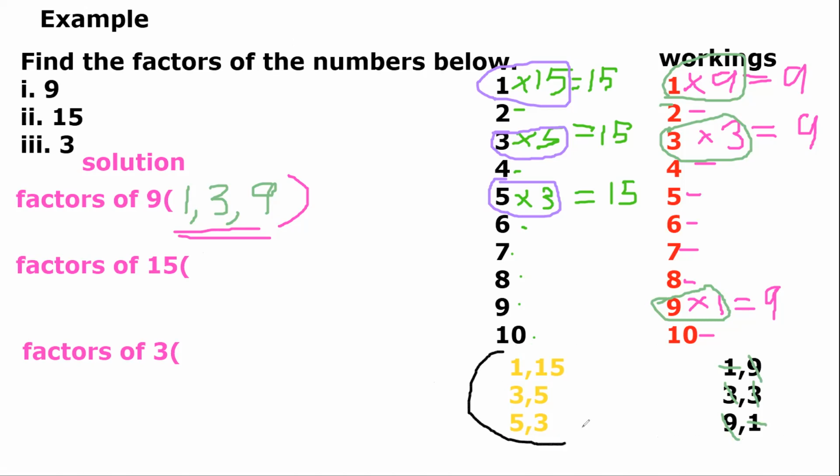The smaller number here is 1, followed by the immediate number, which is 3. 3 appears 2, so you cancel and then take 1. Then 5 also is the immediate number, so 5. Then the last one, 15.